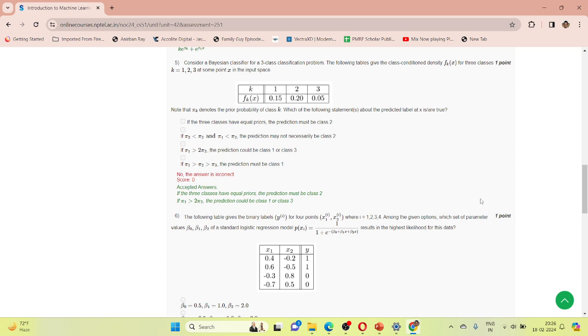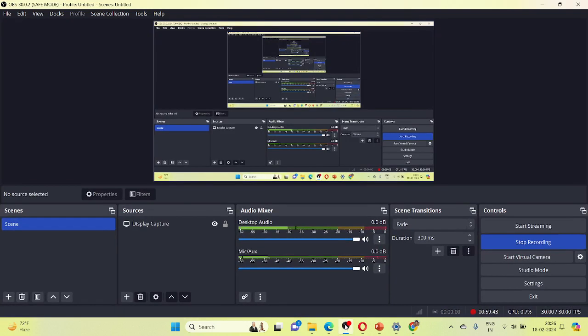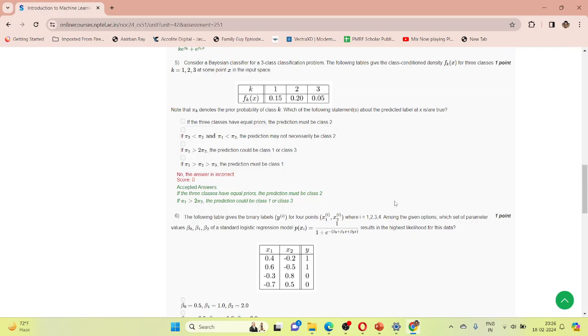Sir, week 4 question first. Anyone who knows week 4 question 1?